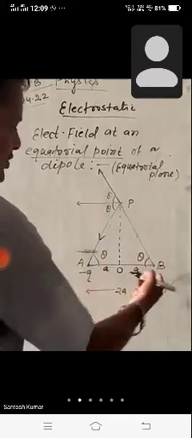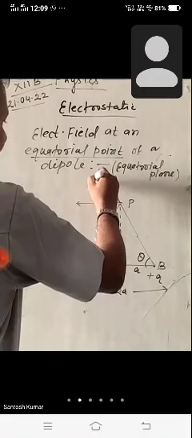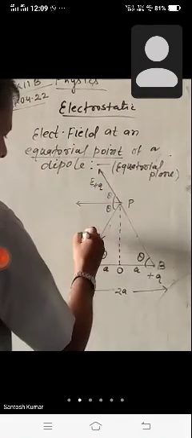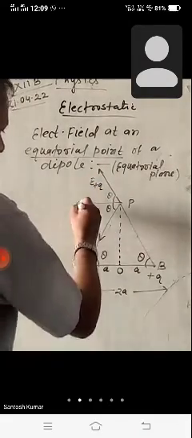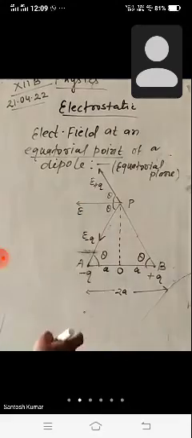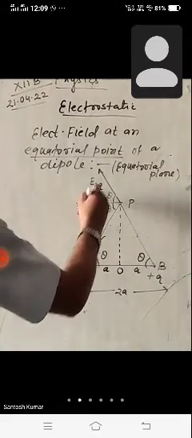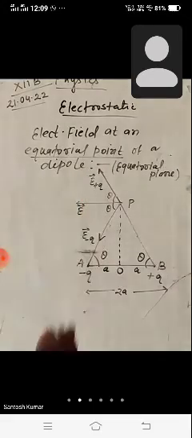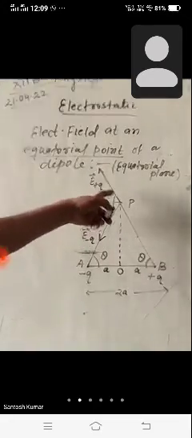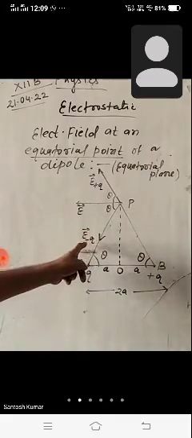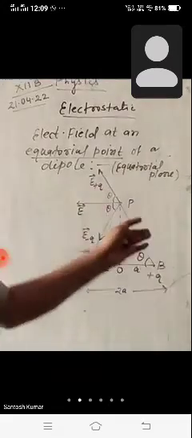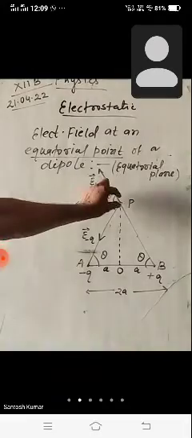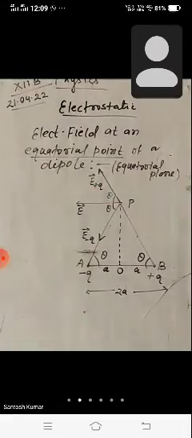This is electric field E plus Q, this is E minus Q, this is the total electric field E. Already a vector quantity you can represent like this. This is due to minus q, this is due to plus q. When these two components are added, their resultant will be represented as E. E is the total electric field at the equatorial point of the dipole, that is at point P.